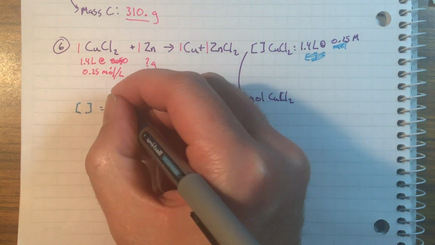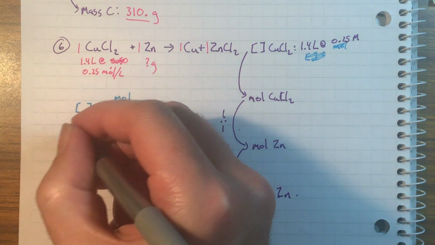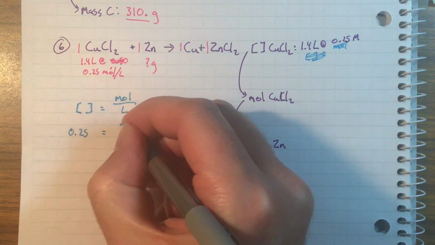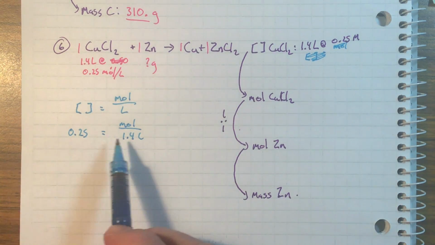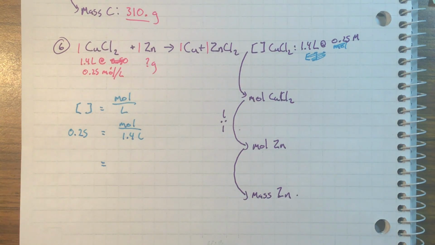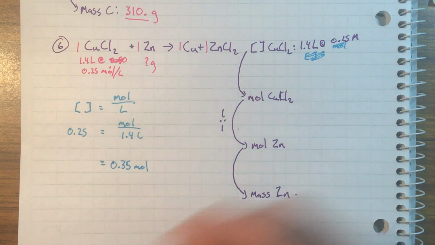Concentration is equal to our number of moles per liter. All right, our concentration here is 0.25. It's equal to how many moles per 1.4 liters. It's 2 sig figs, 2 sig figs. Our answer for moles can have 2 sig figs. So we do 0.25 times 1.4. 0.35 moles.